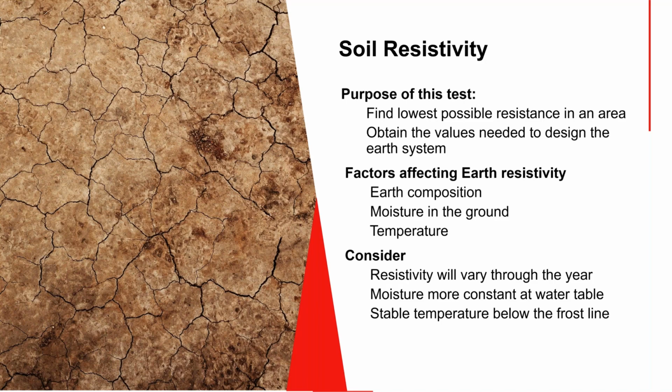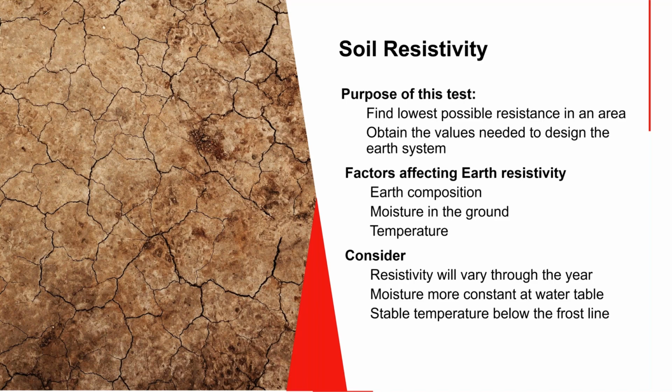So that's your earth resistivity based on earth composition. And then it also varies tremendously in terms of the moisture. Your ground can be very good in the spring and not so good in the hot, dry summer. And temperature also has a notable effect on your ground.